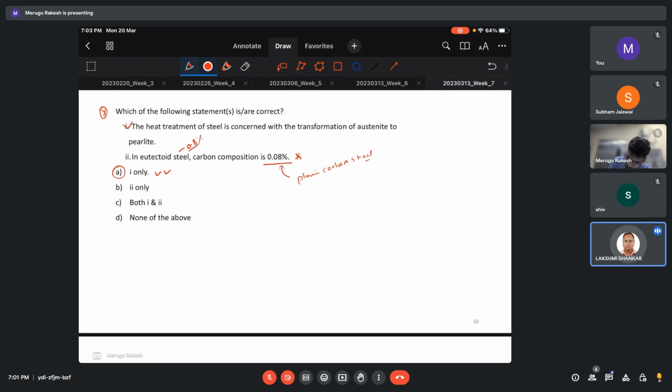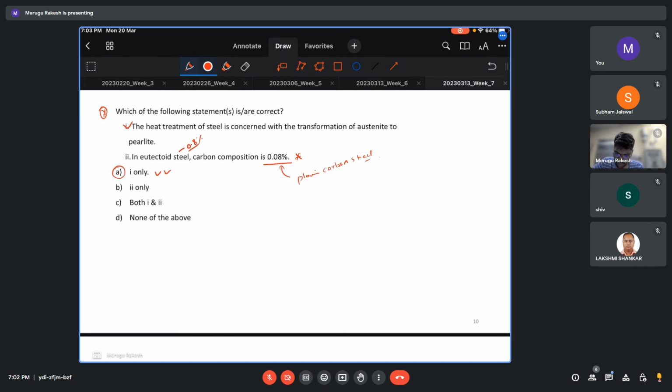But sir, in heat treatment we also get bainite and martensite. So how can we say austenite to pearlite only? Basically, we concentrate on pearlite because of its properties. Yes, that is true, I can say it is correct in this scenario.